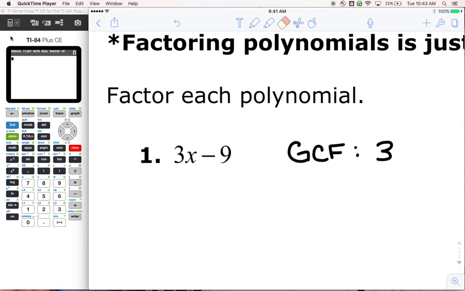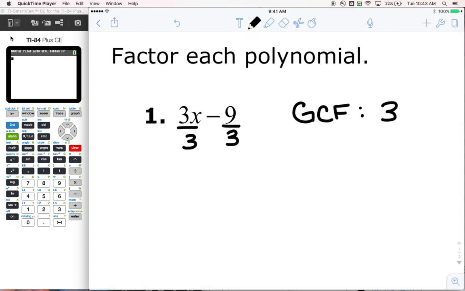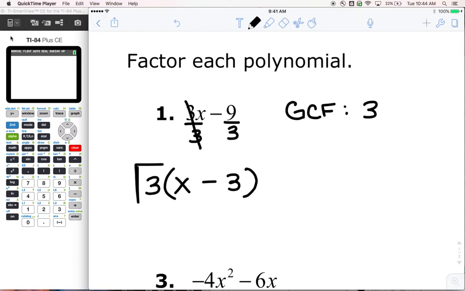Both of these terms are divisible by 3. To find the leftovers, you can think about this as dividing. If I divide out the 3, now it's on the outside, and I can find what's left over using division. 3x divided by 3 is x, and negative 9 divided by 3 is a negative 3. This is my factored form.